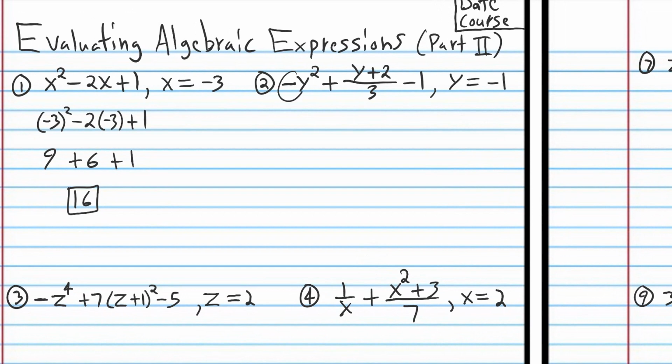But now we have a negative in front of the squared term. So when we plug in the negative 1, we still have to use parentheses. But because we have a negative here, it's going to change the sign slightly. And so now we've plugged in the value for y.